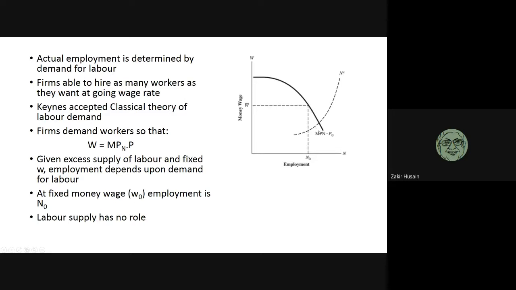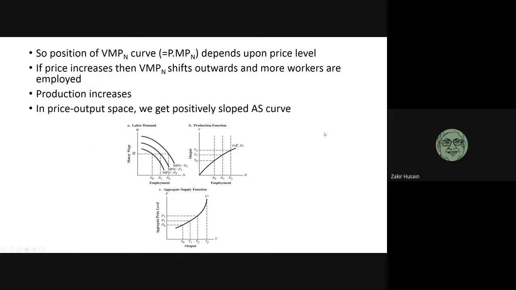This is the marginal product of labor, and if you multiply by price, you get the value of marginal product, the VMP curve. So if prices increase, the VMP curve shifts outward, firms demand more labor, output goes up, and we can see that the supply curve is upward sloping.